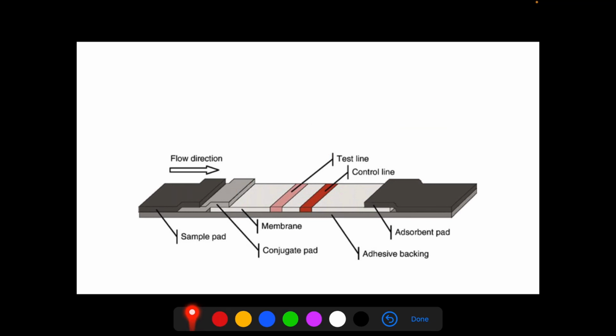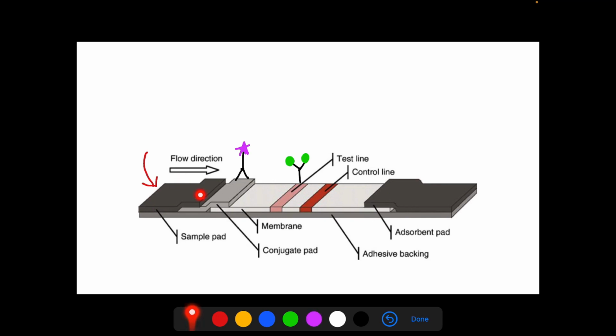Now how about if there is no drug present in the specimen or the concentration of the drug is below the detection limit? Again, there is no drug present in here, but in the T line or the T zone, we can still see the immobilized drug. And also in the conjugate pad, we still have this labeled antibody.